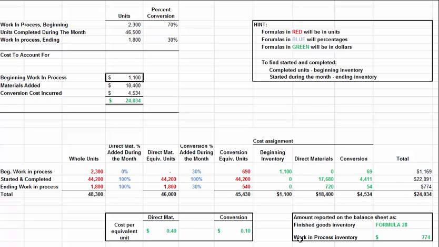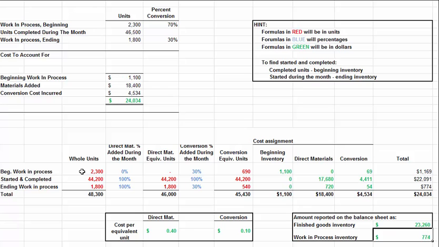The other part of it, the ones that were finished and moved on to the next department or to finished goods inventory, but finished as far as this department is concerned, is both the beginning work in process plus the started and completed. It's these two categories together, because beginning work in process would always be the first thing completed.